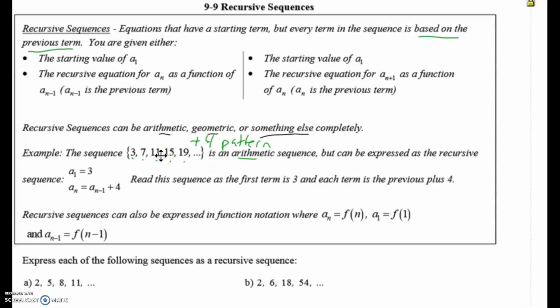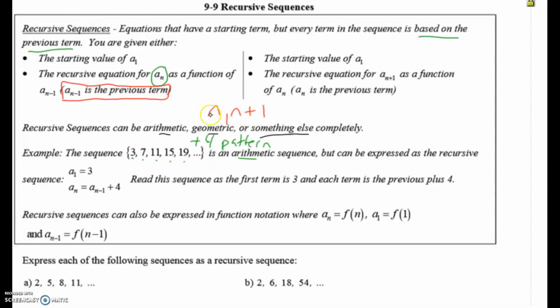And so you're familiar that we use the notation a sub n to represent a term. Like a sub 1 is the first term, a sub 7 is the seventh term. Well, now you're going to also see a notation of a sub n minus 1. And a sub n minus 1 simply means the term before n. Because think about it, if this is n, the way I get to the next term is n plus 1.